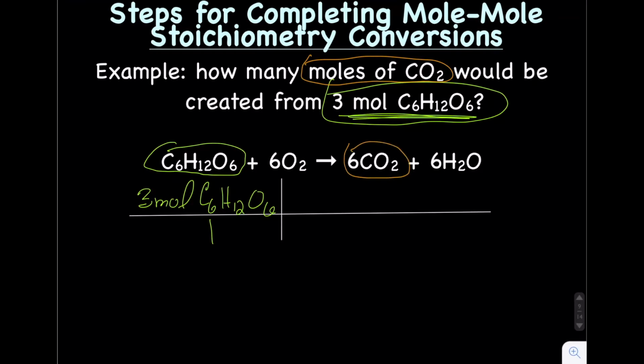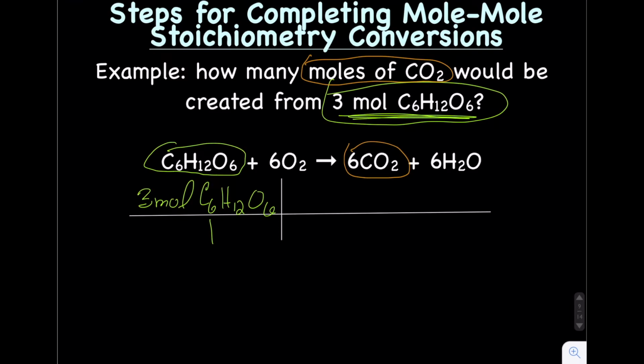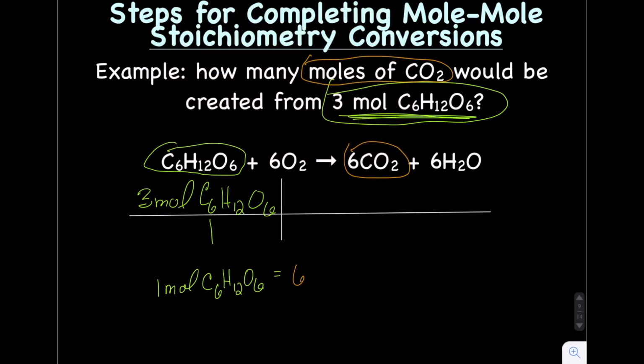Let's turn those into an equality. We're going to have 1 mole, because of the invisible 1, of C6H12O6 equals 6 mole of CO2. Again, I got these from the balanced equation.